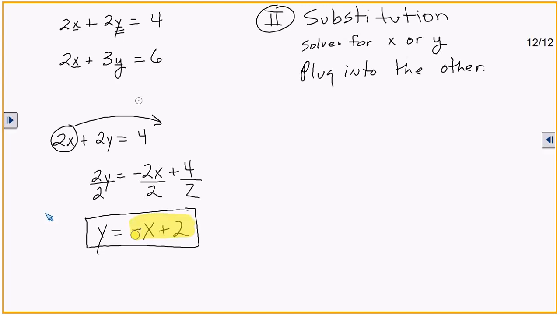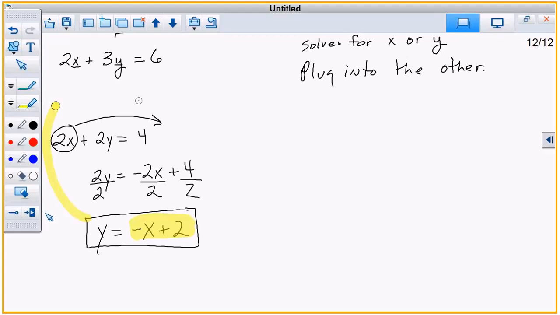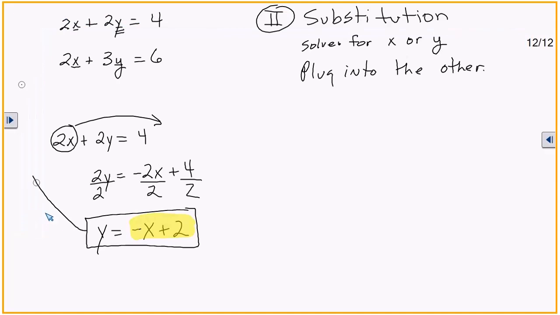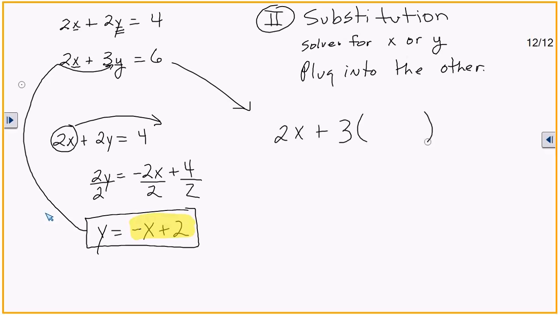So I'm going to take that y, and I'm going to plug it into the other equation for y. So I'm going to go over here, and I'm going to rewrite the equation. 2x plus 3 times big set of parentheses equals 6.